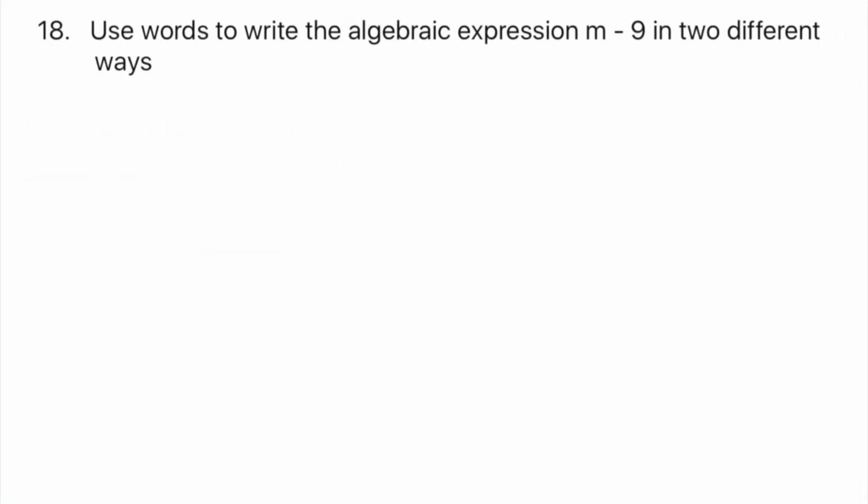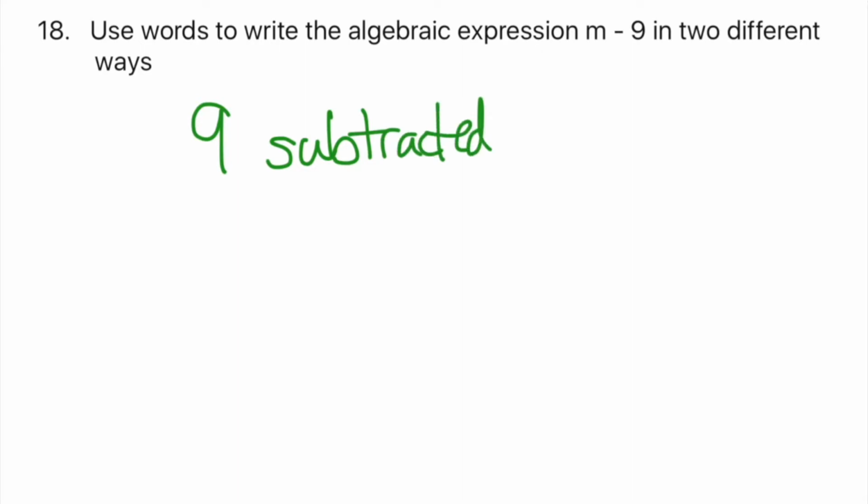Number 18, use words to write the algebraic expression m minus 9 in two different ways. One simple way you could do is 9 subtracted from m. I'm going to give you more than two ways just to give you some other options.